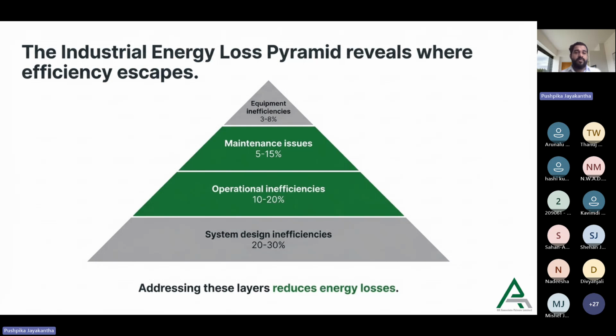In our office room, we set the temperature to 18 to 19 Celsius, so incorrect temperature settings can consume more energy. And there is poor scheduling of production equipment. These operational inefficiencies significantly increase energy consumption because the equipment continues to operate even when energy demand is low and unnecessary.